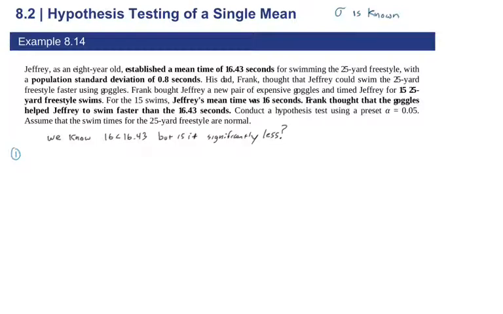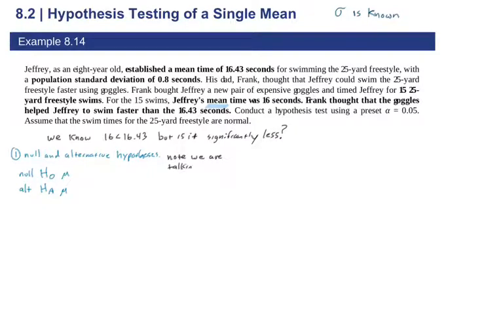So our first step is to identify the hypotheses, the null and alternative. I'm going to abbreviate a little: H0, HA. There's my null, there's my alt. I like to label all of that. We're looking at actual means, a mean time here, and that tells us we're doing mu.